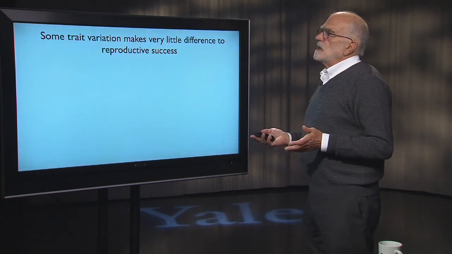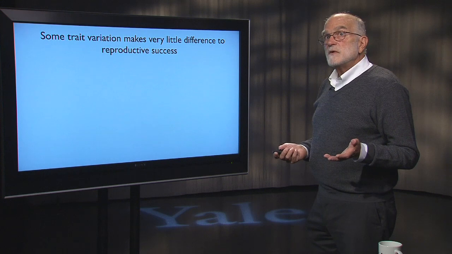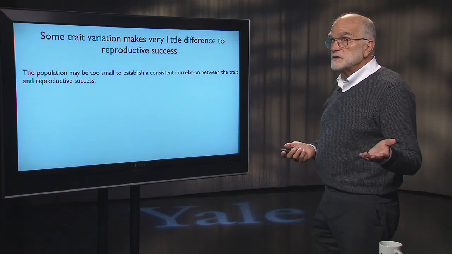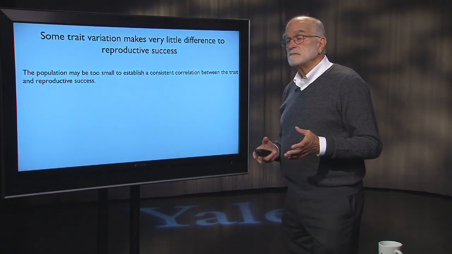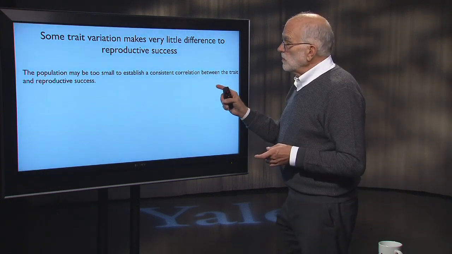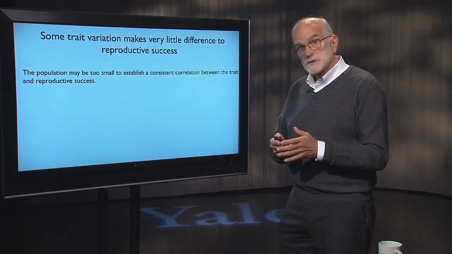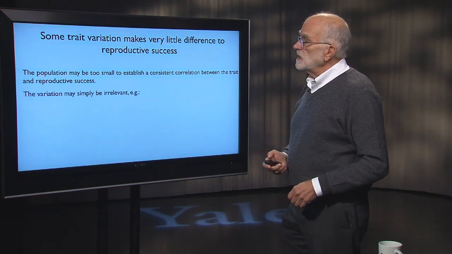Now, at the level of the phenotype, there's some trait variation that makes very little difference to reproductive success. There are various reasons for this. One simply has to do with the size of the population. It may be too small to establish a consistent correlation with reproductive success. It actually takes a good sample size to get a good estimate of a correlation.